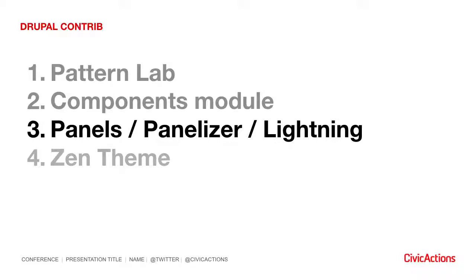Another really crucial part of this, and what's not in core yet, or maybe it's coming, I'm not sure, is the whole panels, Panelizer and Lightning contrib space and the problems that they're solving right now.